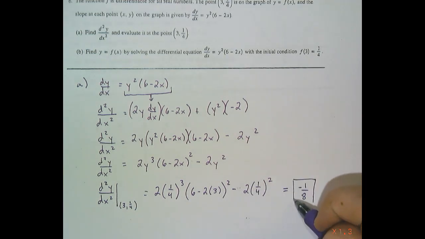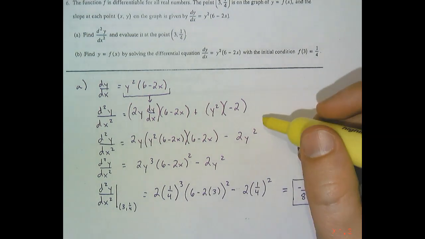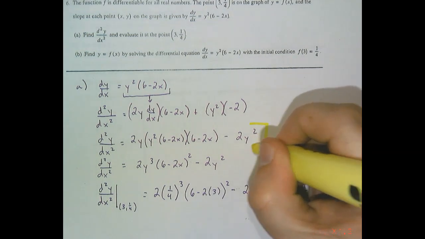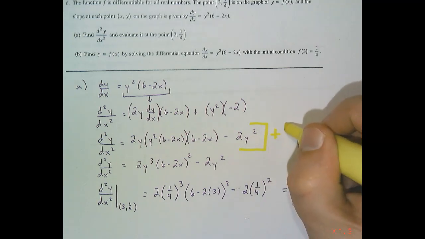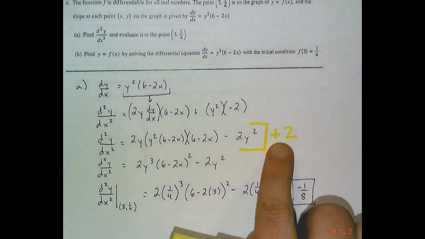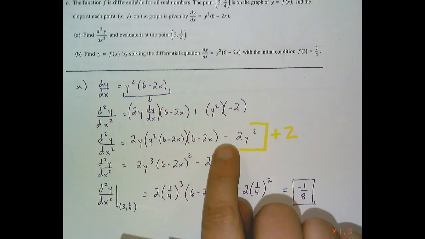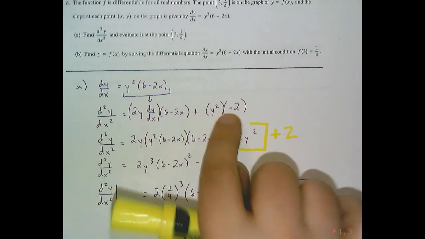Okay. This part of the problem is worth 3 points. You get 2 points for correctly finding the second derivative. They're probably going to subtract a point for each error that you make, whether you forgot to do the chain rule part or if you made a mistake in doing the product rule part.